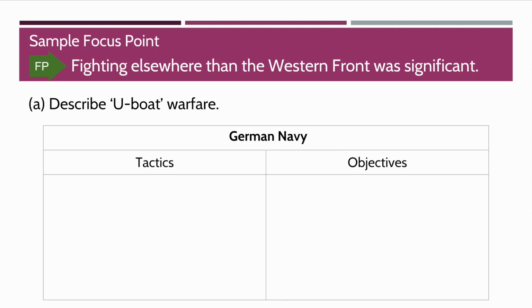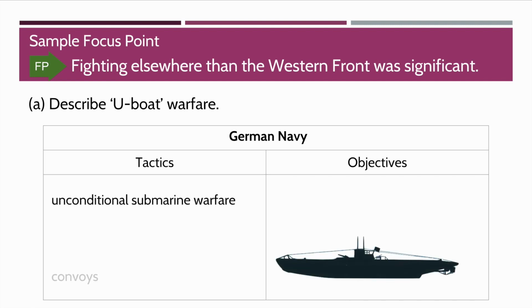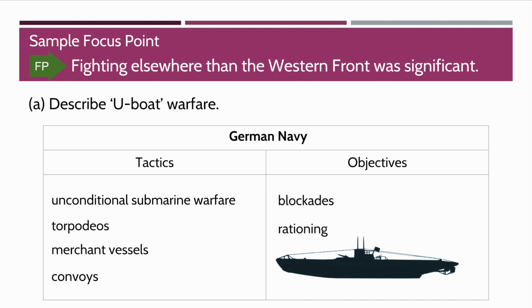The two big categories associated with warfare is the tactics that the German Navy employed and the objectives of what they were trying to accomplish. So let's take all those vocabulary words from the beginning and put them in the correct spot. Now all of our information is organized and we can begin writing our essay.